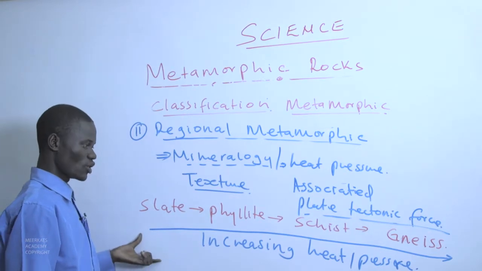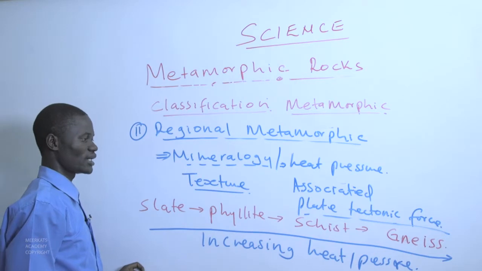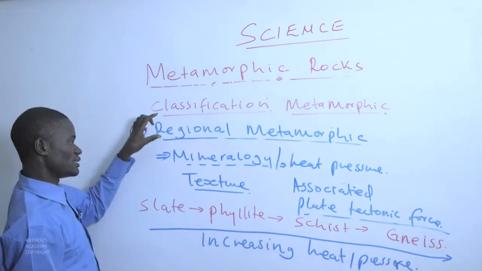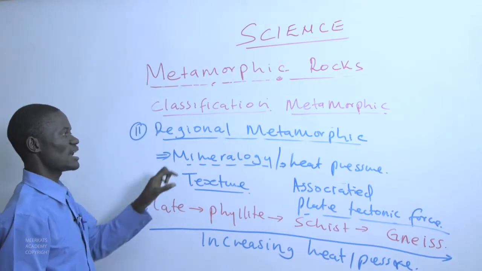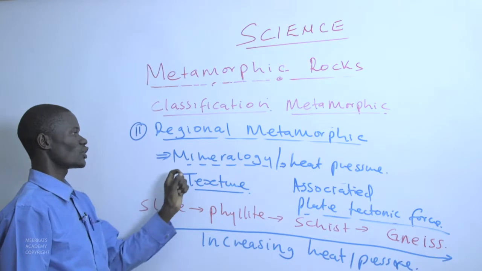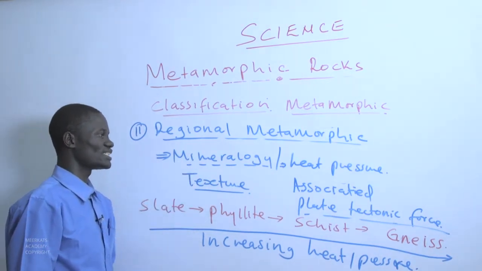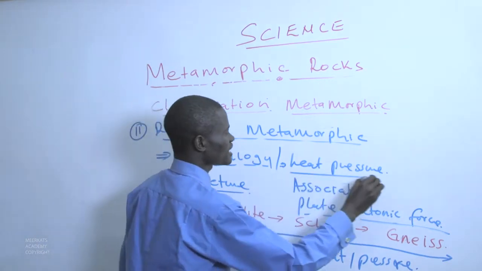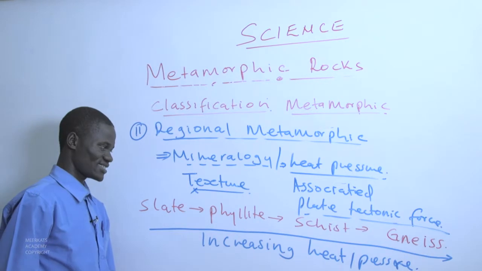The intrusion of the magma will spread over a wide region, making the rocks that were in contact together what we now refer to as regional metamorphic. They have undergone regional metamorphism, based on their mineral content. After being subjected to great heat and pressure, their texture changes.